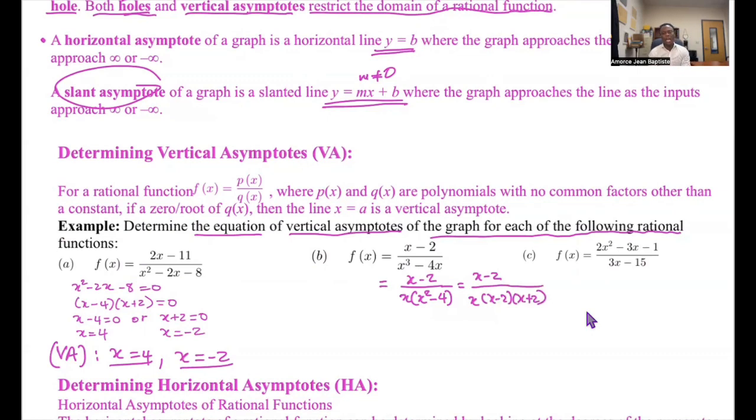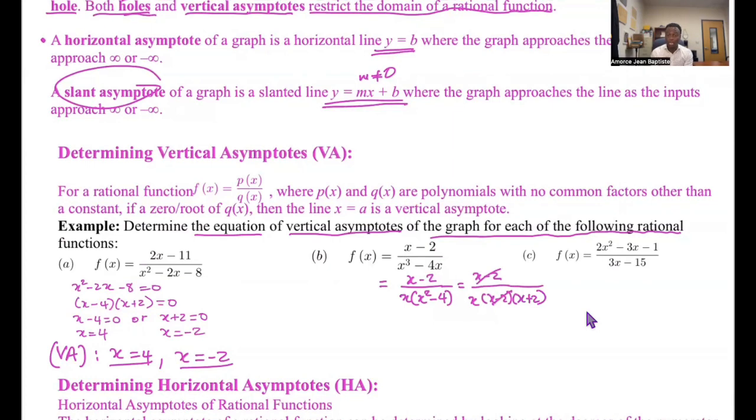Now you can see how x minus 2 is coming from denominator and numerator. That means you can simplify by this. When you simplify, that doesn't mean that it's gonna disappear your function.